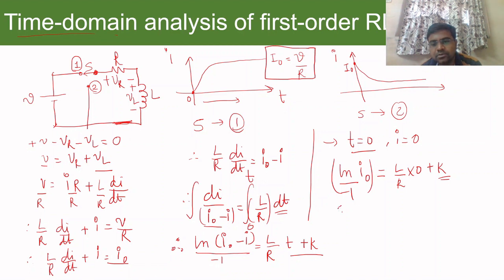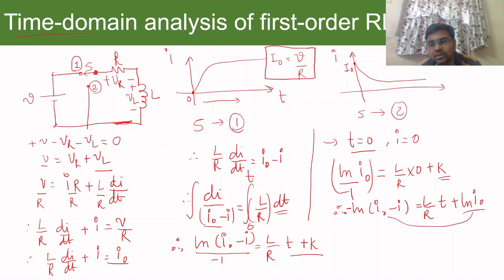Okay. So when I substitute K in this equation, minus ln (I0 minus I) is equal to L upon R into T plus ln I0.